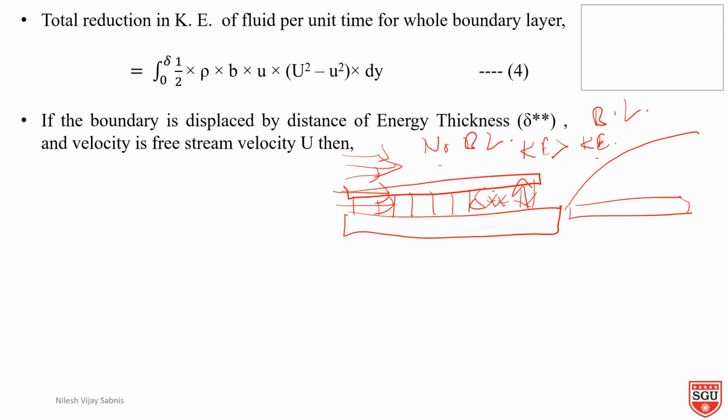Then the reduction in kinetic energy we have to calculate, meaning the mass flowing through this section multiplied by velocity. That will be the loss of kinetic energy due to lifting of the plate.